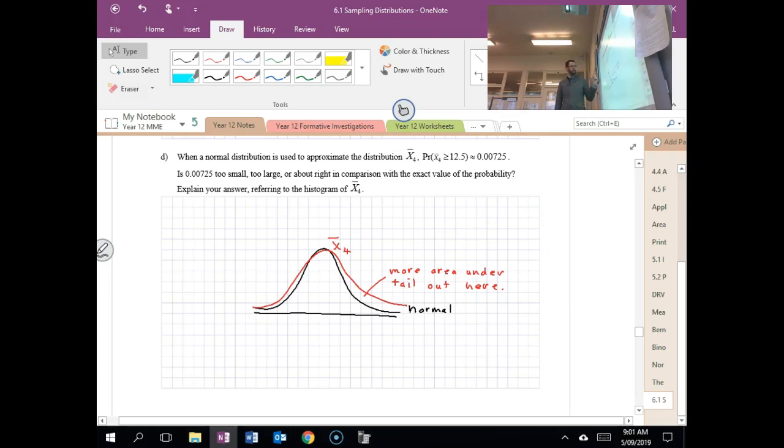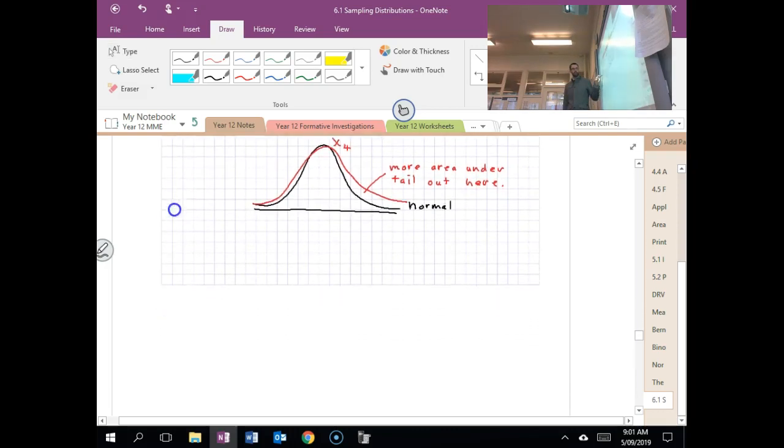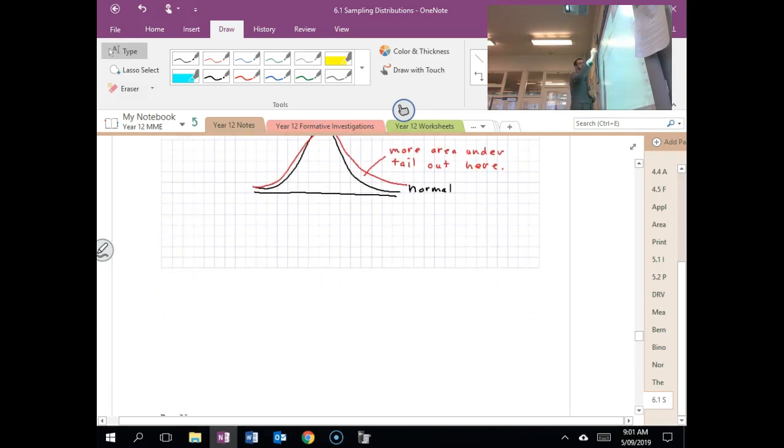So 0.00725 is too small compared to the right value for the probability.